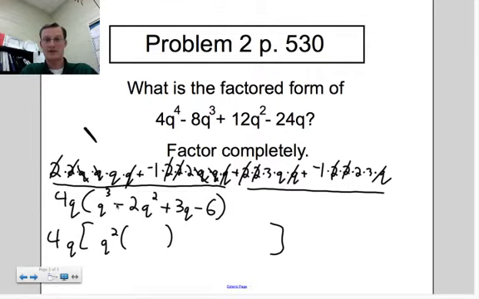Now what is left over that's not crossed out? We have a q. Instead of plus and negative, we'll say minus 2. Okay, so q minus 2.